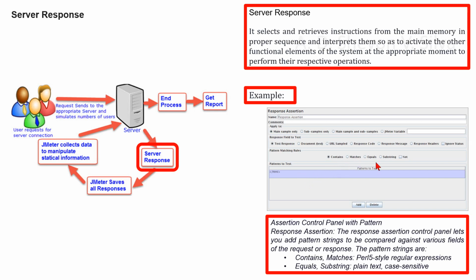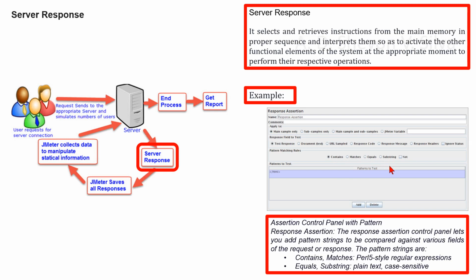Equals: true if the whole text equals the pattern string, case sensitive. Substring: true if the text contains the pattern string, case sensitive. Equals and substring patterns are plain strings, not regular expressions.